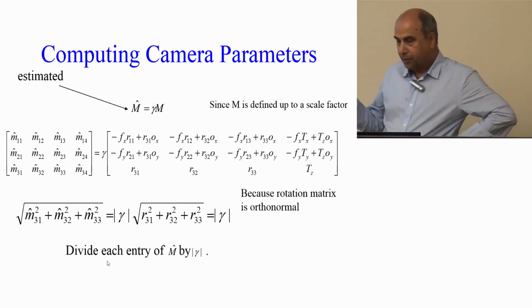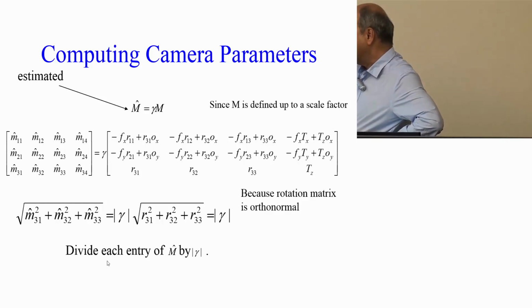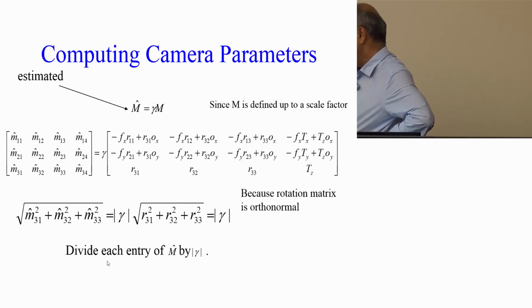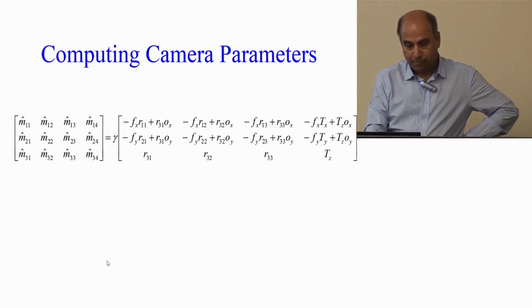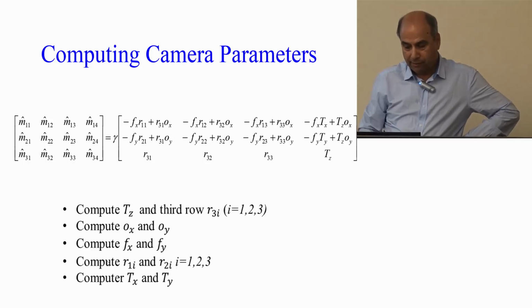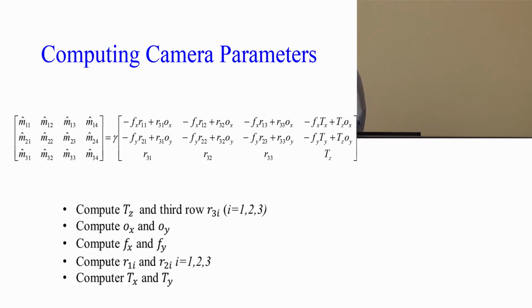So then, in order to get rid of the scale, we are going to divide each element in this matrix M by that value, so that we can get rid of the scale, but only the sign will be a problem. Okay, but we'll have the same thing again here. Now, since we have used R31, R32, R33, we are going to do this in a sequence.